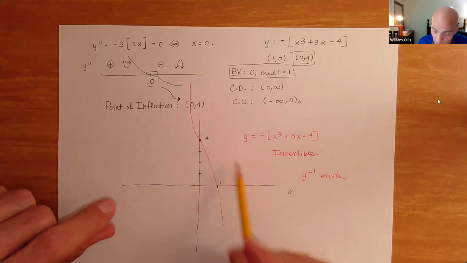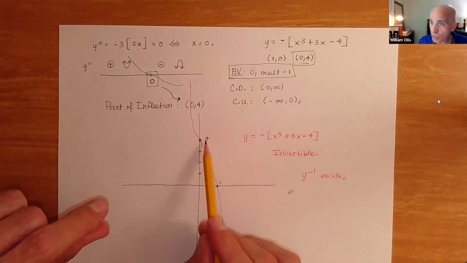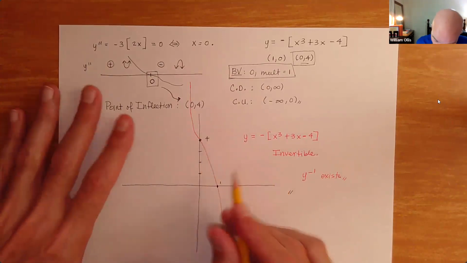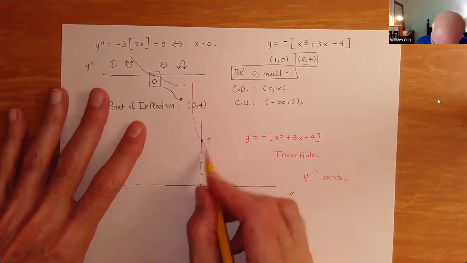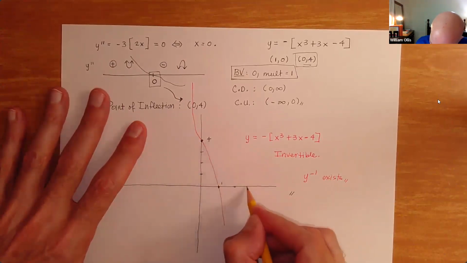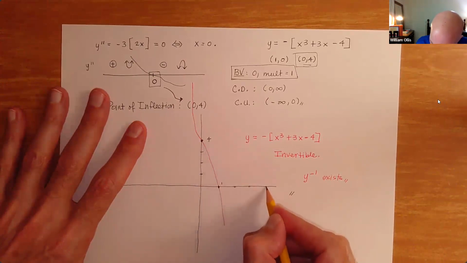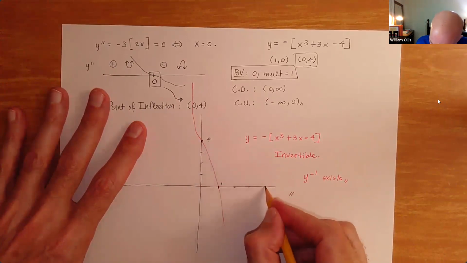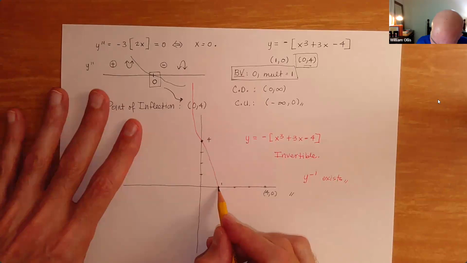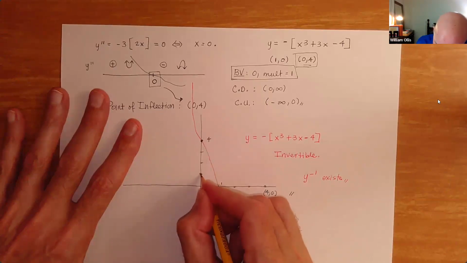So again, if (0, 4) is on y, then (4, 0) is on the inverse. So we'd have something, and I didn't draw this very well, like 1, 2, 3, 4, because I've got scales that are a little bit different there. So that's kind of bad. So we have (4, 0). And then if we have (1, 0), we have (0, 1) here.